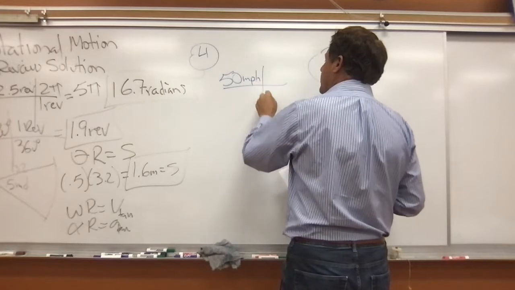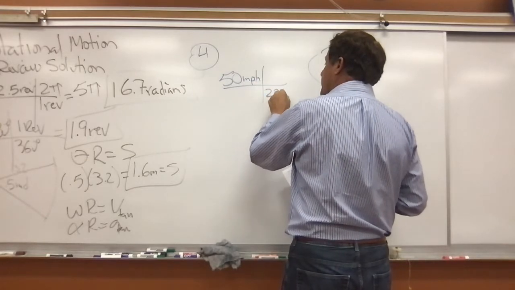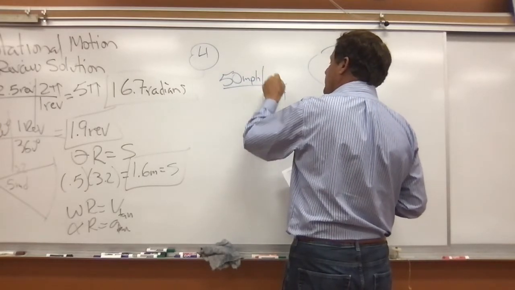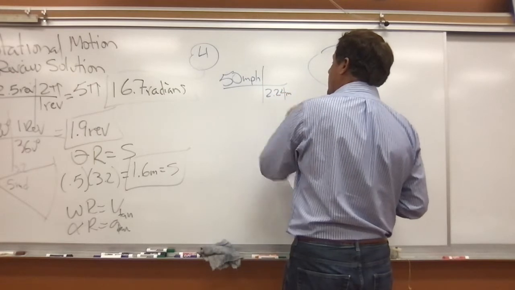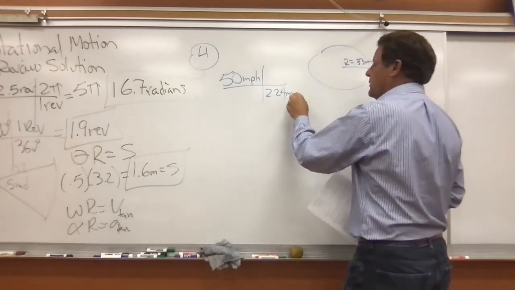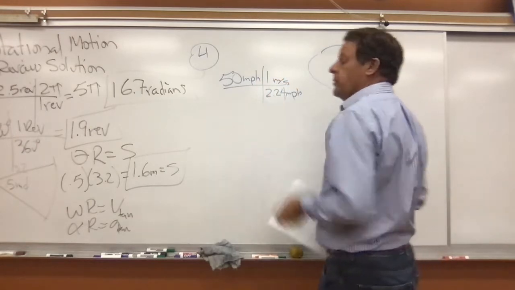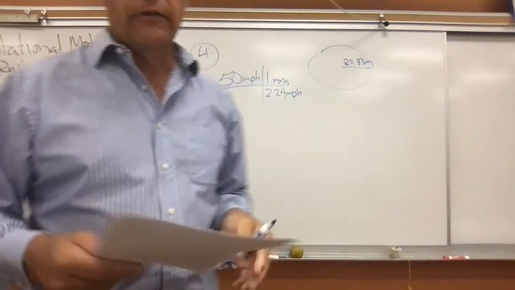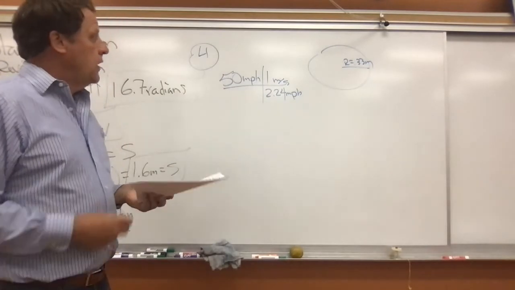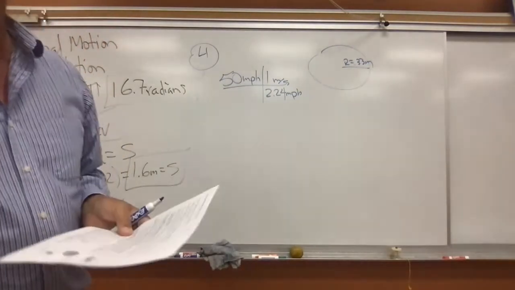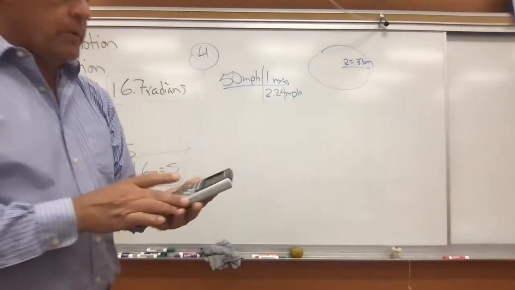Now if we divide by 2.24, we're going to get meters per second. 2.24 mph is equal to 1 meter per second. You guys might remember that from a standard conversion.